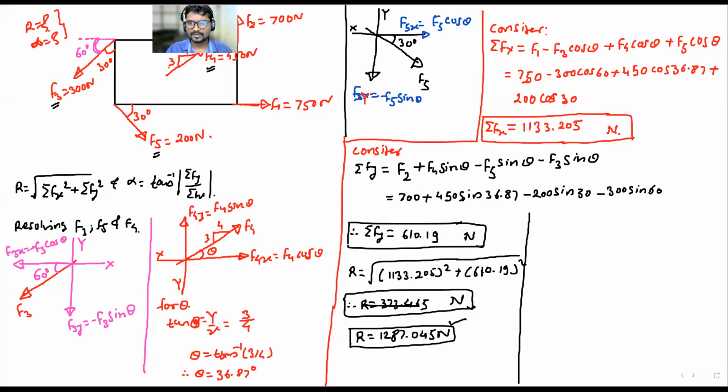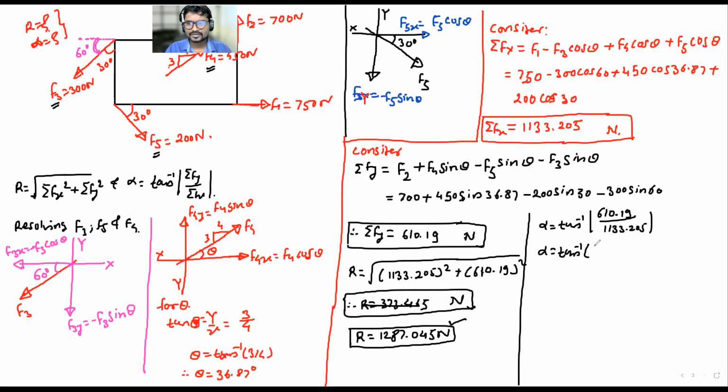Now similarly go for the alpha. Alpha is equal to tan inverse of mod of summation Fy, which is 610.19, divided by summation Fx, which is 1133.205. Do that division.